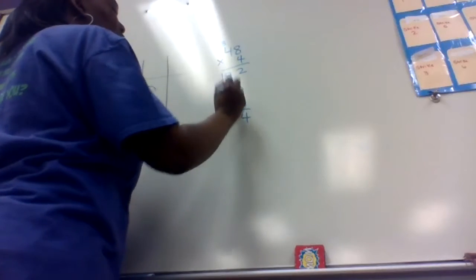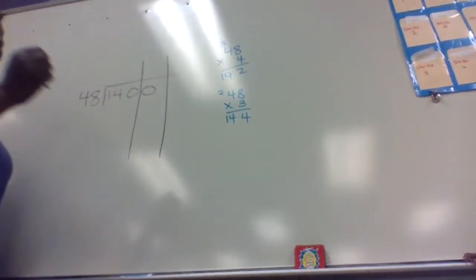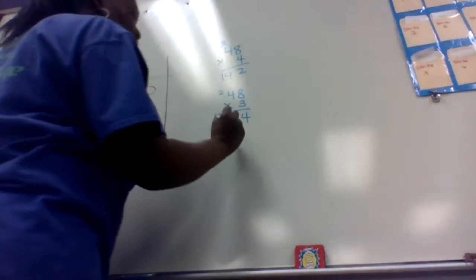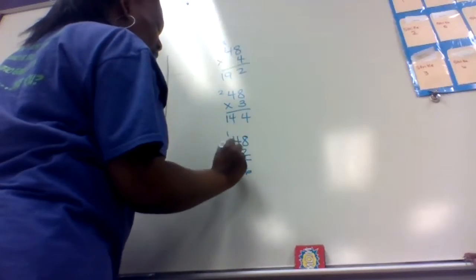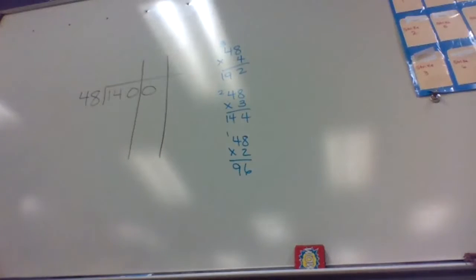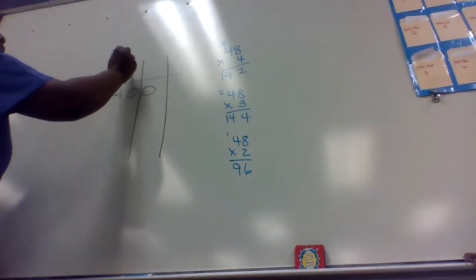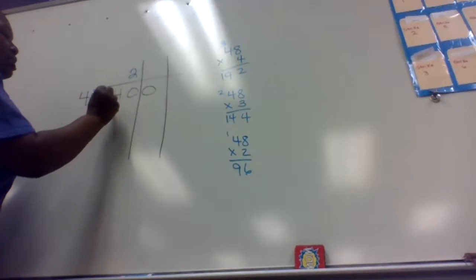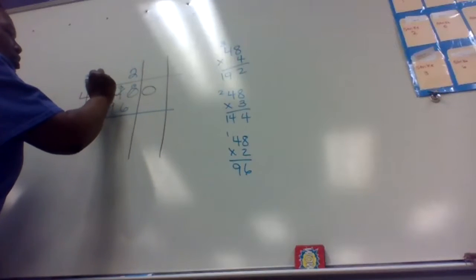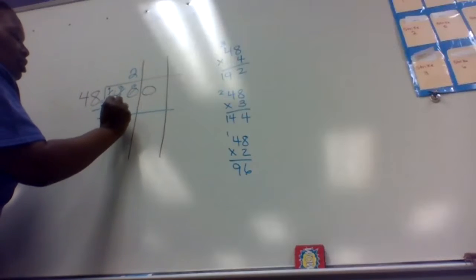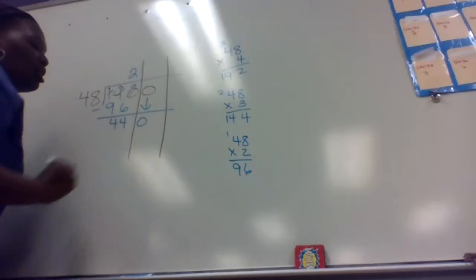That's 144. That's too high. So let's do 48 times 2. It's gonna be 96.